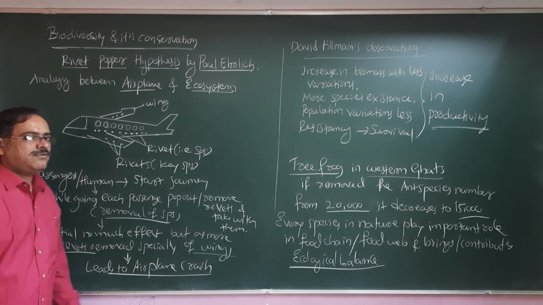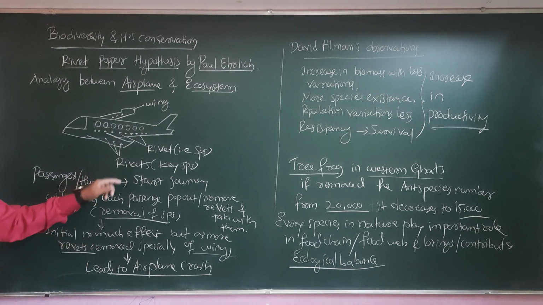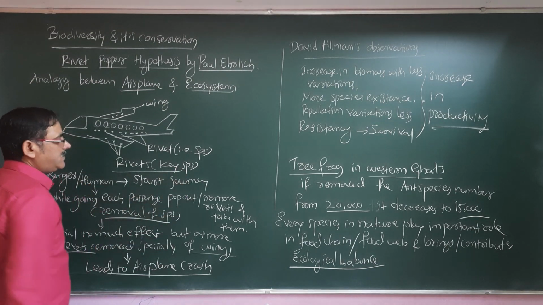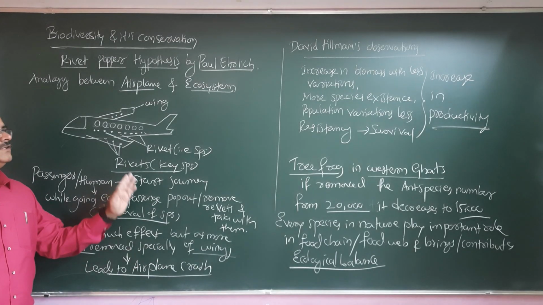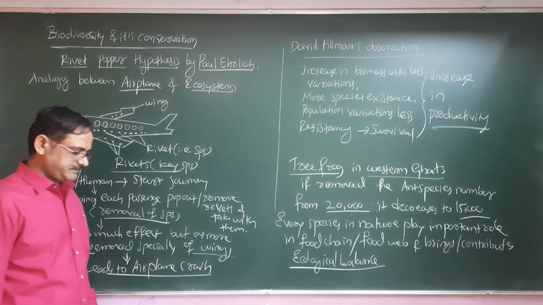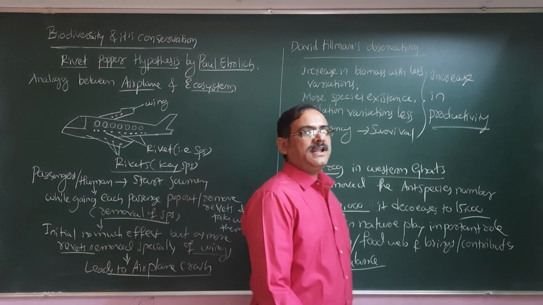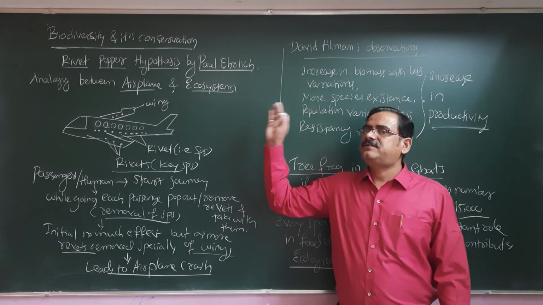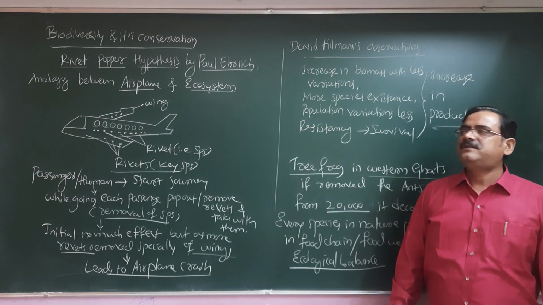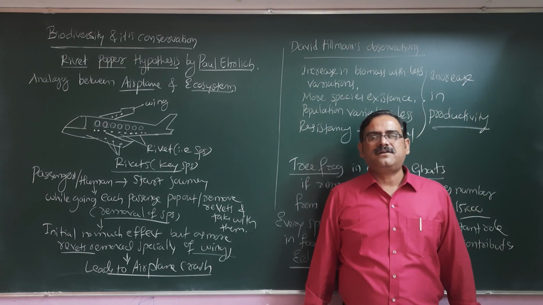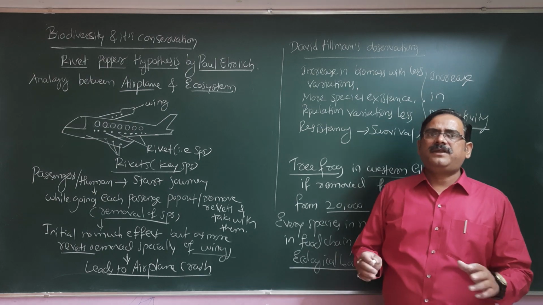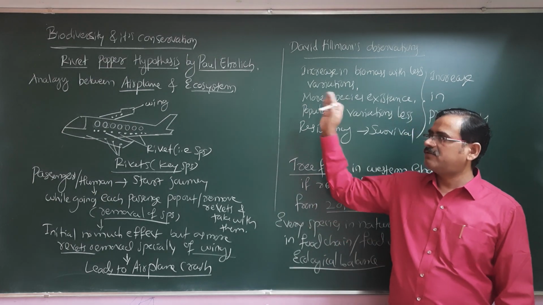So one should not go for removal of these key species, otherwise definitely not only the key species, all the species are very important in this nature. I hope you got an idea related to this. The hypothesis is given mainly by Paul Ehrlich, who gave an analogy between an aeroplane and an ecosystem.